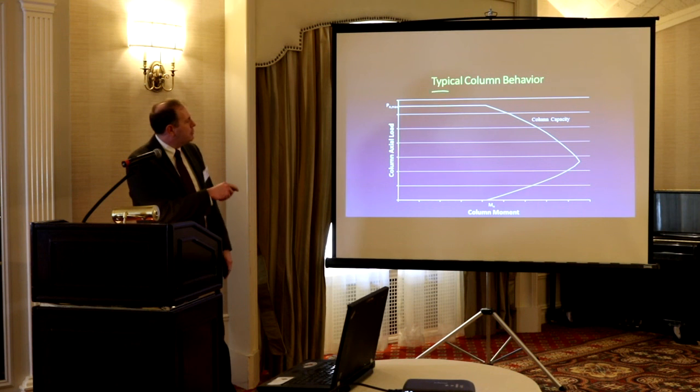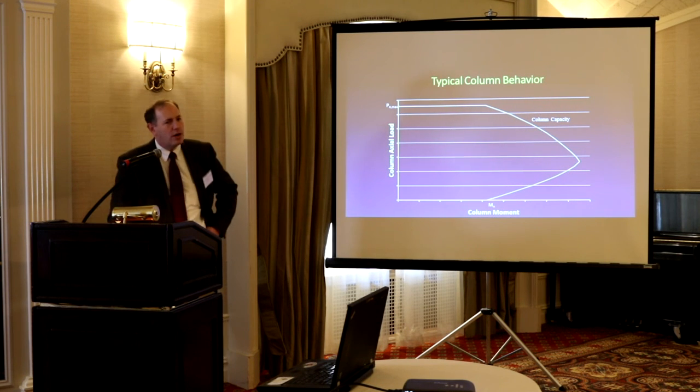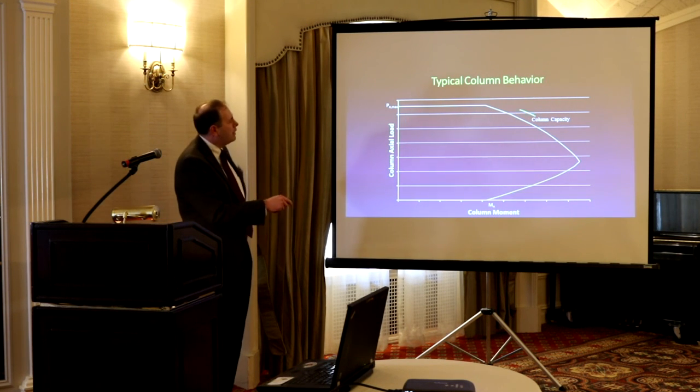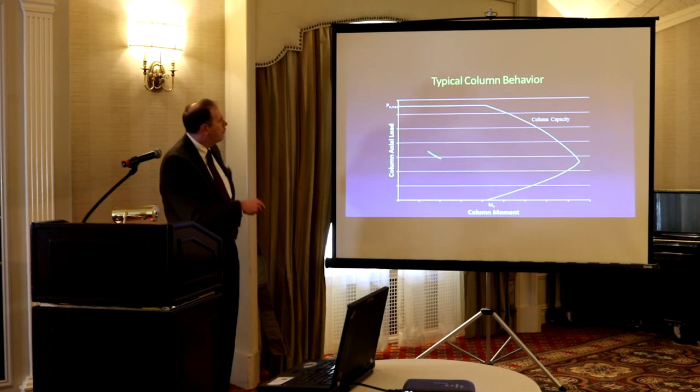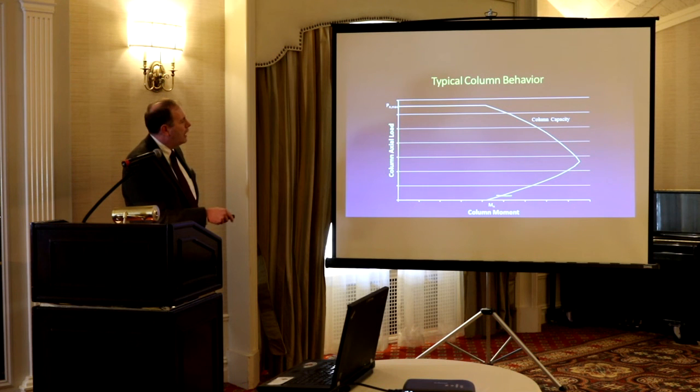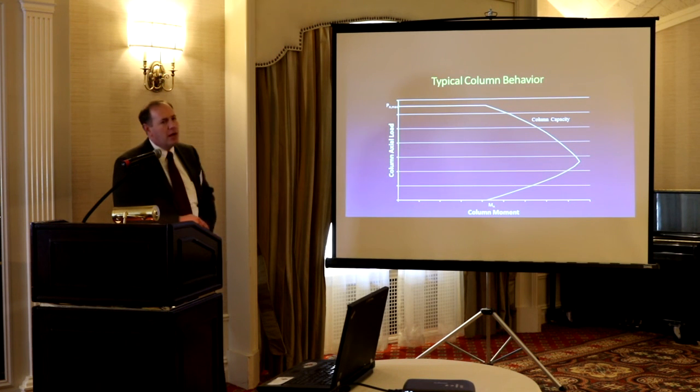But let's look at a typical column behavior. This is kind of classroom where I'm looking at the axial load on this vertical axis, and I'm looking at how much bending moment is on the horizontal. So typically, in a code type fashion, we develop this interaction curve for the axial load, and this is the column capacity at nominal strength, so what it could actually take.